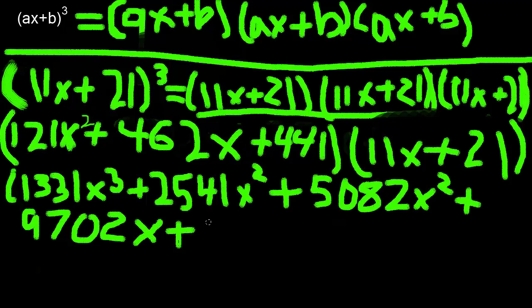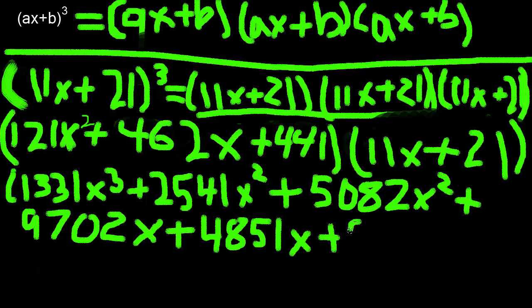It's 441 times 11x, and that is 4,851x plus 441 times 21, our final one, 9,261.